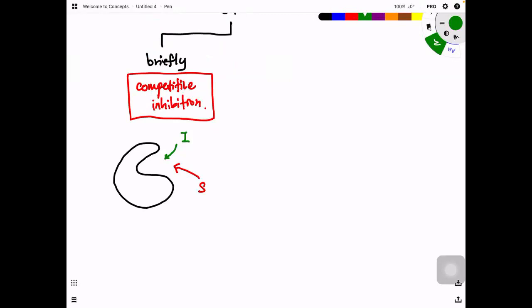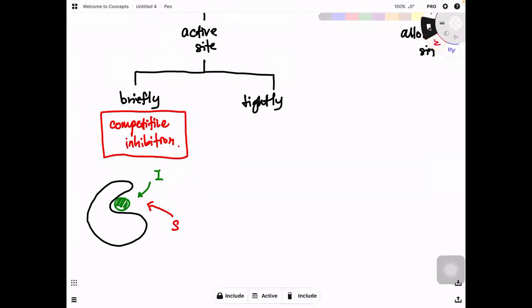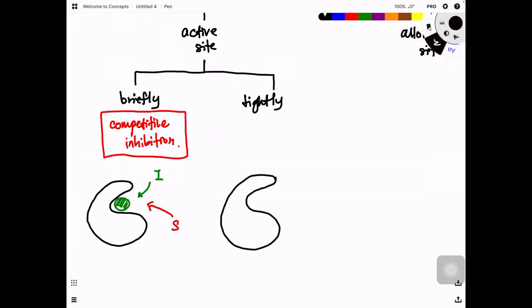Therefore, this kind of inhibition is known as competitive inhibition, and the compound is known as a competitive inhibitor. But what if the inhibitor binds to the active site tightly and permanently? Let me draw it again. Try to imagine this is my enzyme.